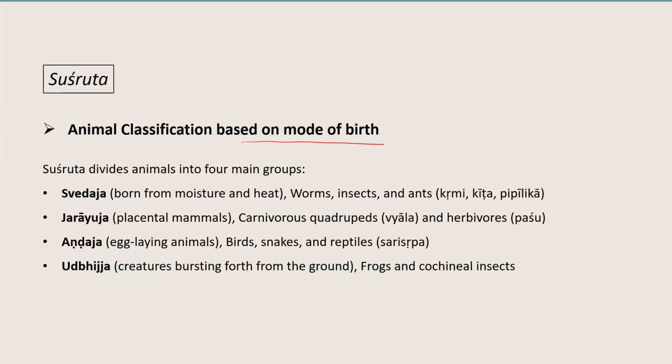So, now we can see Sushrut divides animals into 4 main groups: Swedaj, born from moisture and heat.